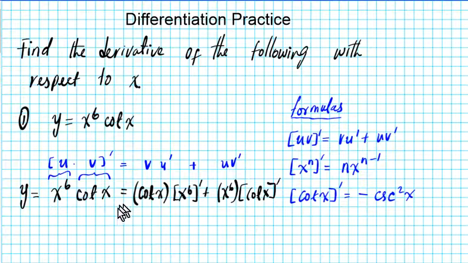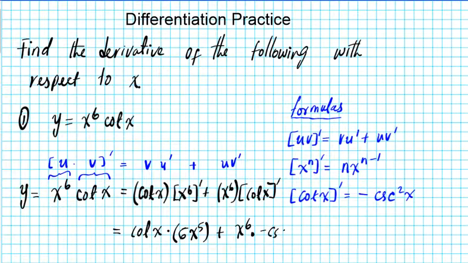Alright, so let's go ahead and differentiate where applicable. We have cotangent x times the derivative of x to the 6th. That's 6x to the 5th plus x to the 6th times, this is negative, right?